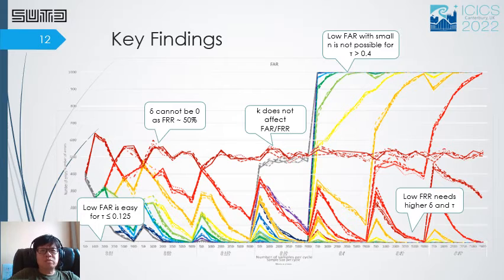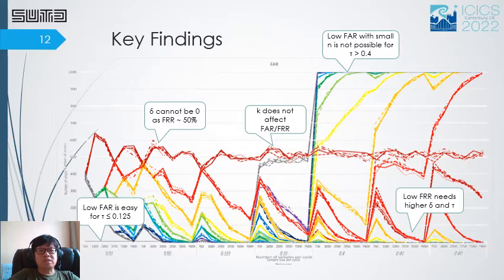We summarize what we see in the 5 observations, but I'm sure we can get more. 1. Key lengths do not affect FAR, FRR. 2. Low FAR is easy to reach for noise rates at 0.125 and below. For higher noise rates, we need smaller delta and larger sample sizes. 3.